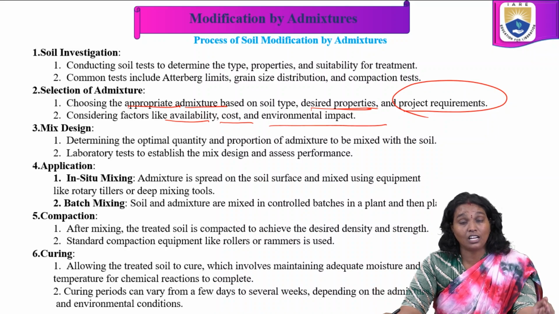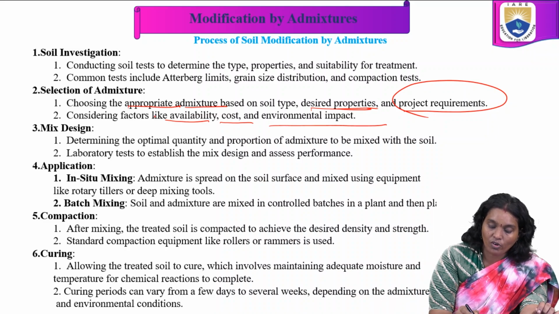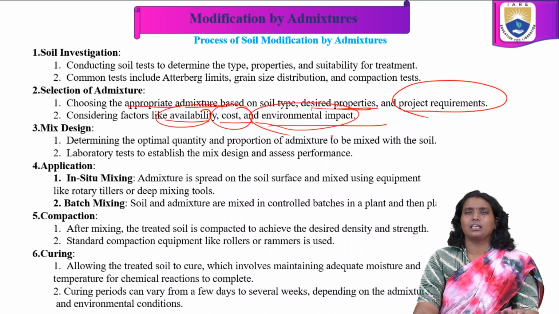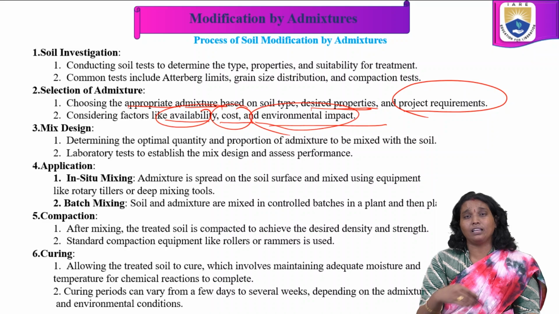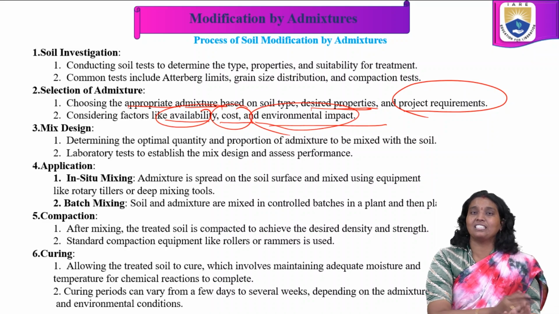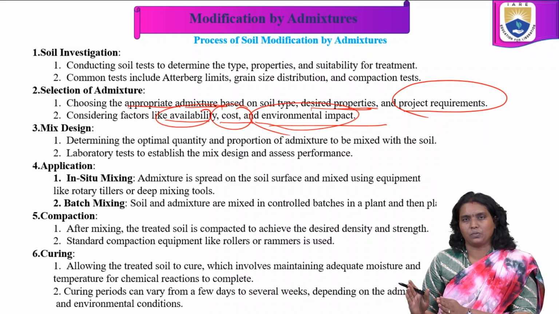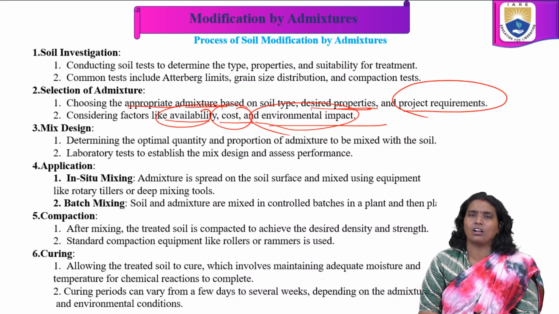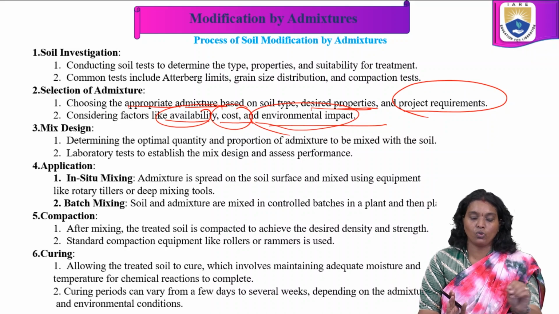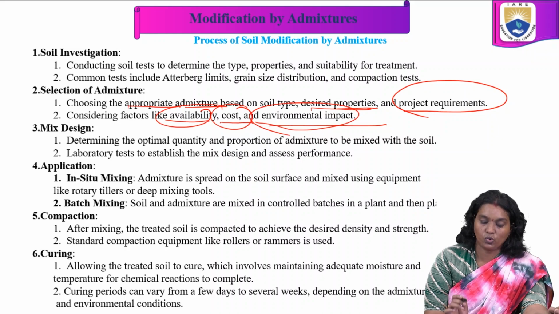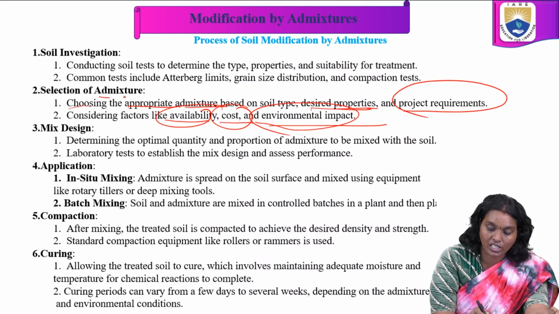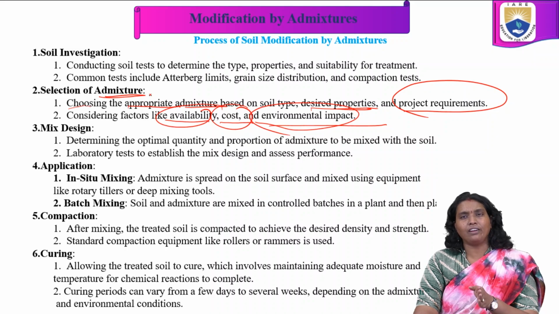So we have to consider all these parameters when choosing the admixture: availability, cost, and environmental impact. The cost comes under both the admixture cost as well as the project cost. After considering all these factors, we choose which type of admixture to use.